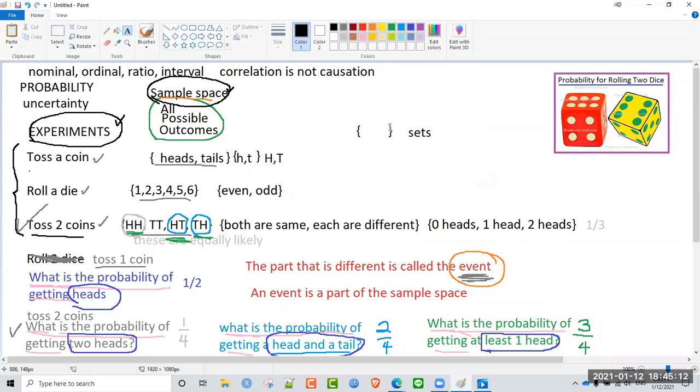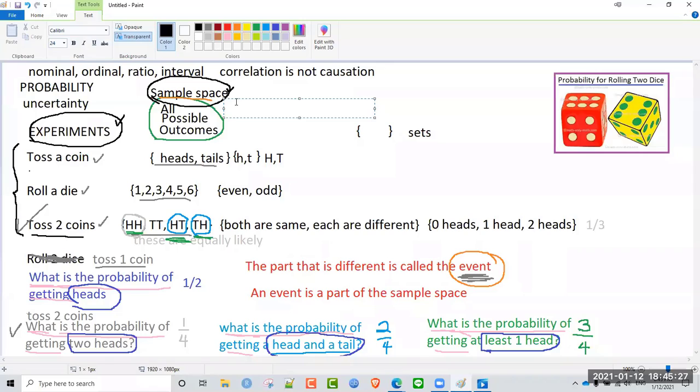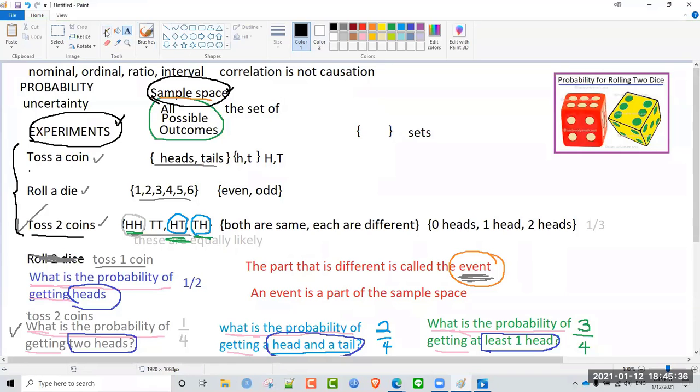So the sample space, I should say not just all possible outcomes, but I should write ahead of that that it is the set of all possible outcomes. So maybe I want to write this, and that goes here. It's the set of all possible outcomes because we're using these symbols. So we're talking about it as sets. This is a set, this is a set, this is a set. We're talking about sets here.